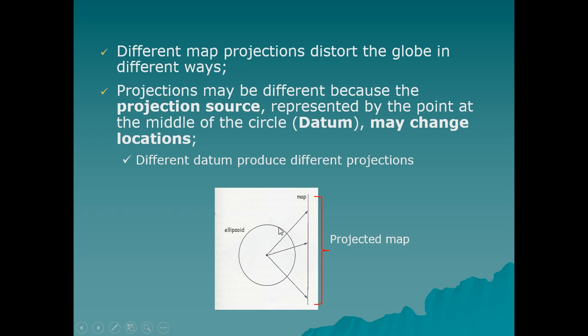Any feature you have on the Earth's surface here, if we begin at our datum and we draw a line through that point on the Earth's surface and continue extending it to the map surface, we can now locate that same feature, which is on the three-dimensional surface, on our map surface. So this is essentially conceptually how the process of projection works.